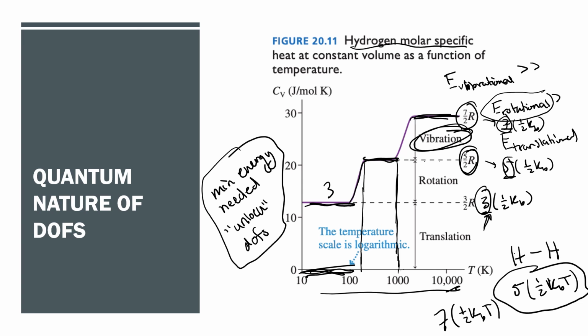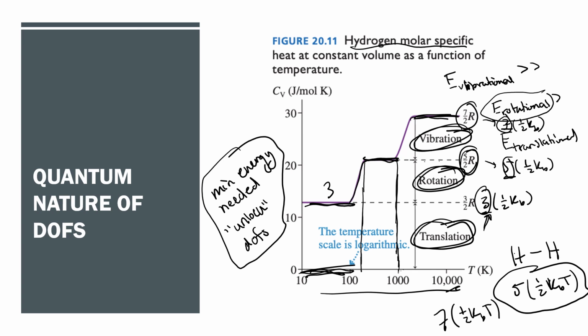It's not to say that we don't want to use the rules we sort of followed in the previous slide, but it's to show that degrees of freedom have to be unlocked. There needs to be energy inputted in the system to unlock degrees of freedom. Translation is sort of the bare minimum. We unlock the rotation, then we finally unlock vibration. And at normal temperatures, what we're worried about, we want to include translation and rotation.